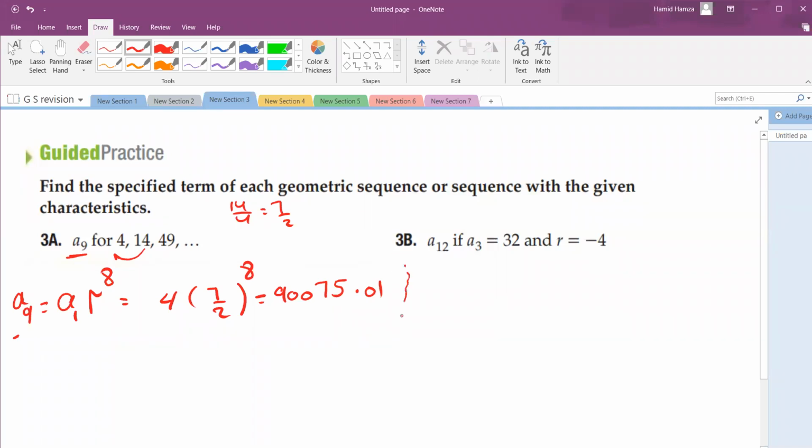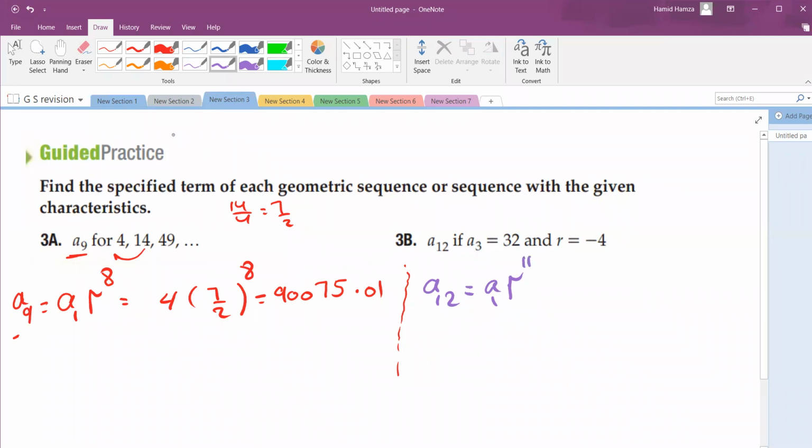The second one, we wanted to find A12. So we write it as a shortcut. A12 equals A1 r power 11.